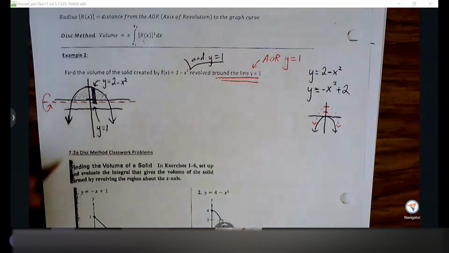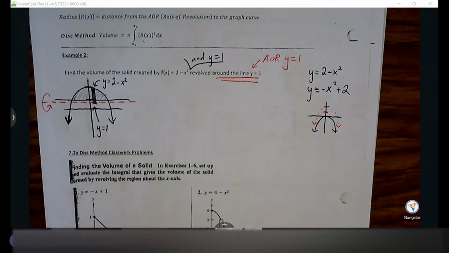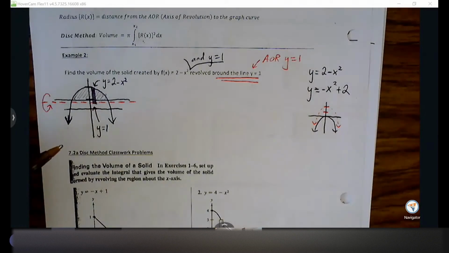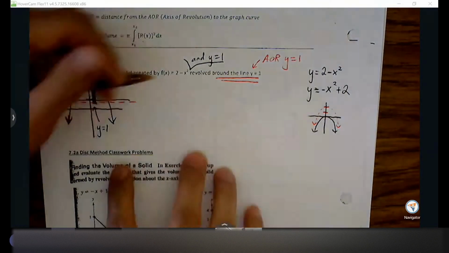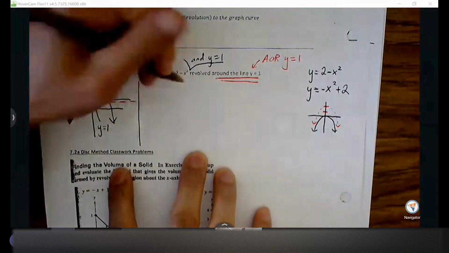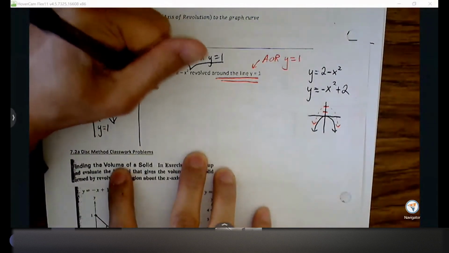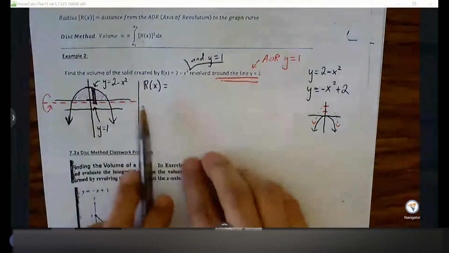So having that radius drawn is very, very helpful because we can visually see exactly what we're dealing with. We're going to see more and more distractions later on, and having those radius drawn, we can identify exactly what is needed to create that distance between the top and bottom. Okay, so let's build our radius. Top minus bottom.